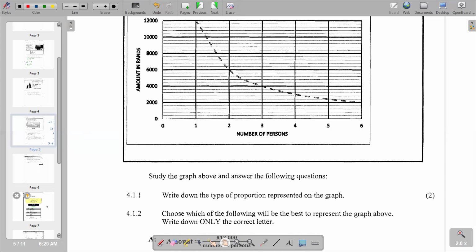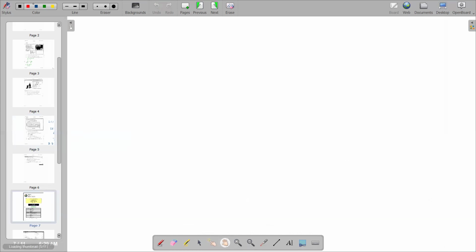So we go to the answer section and present it as such: 4.1.1, it's an indirect proportion, or we can also call it an inverse proportion.